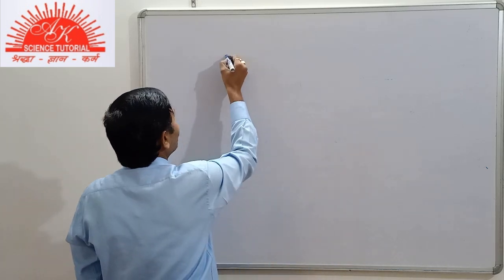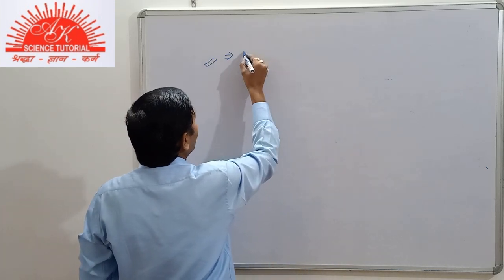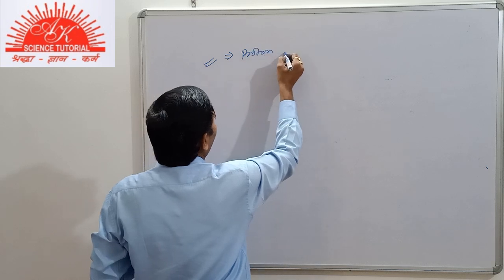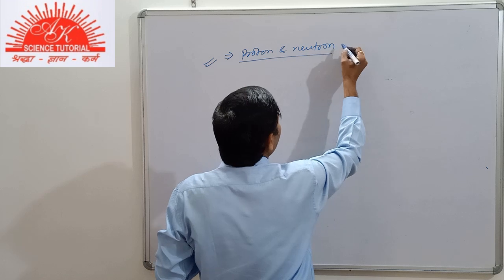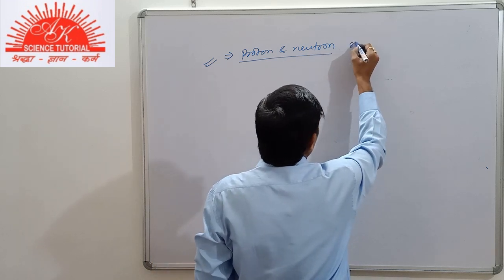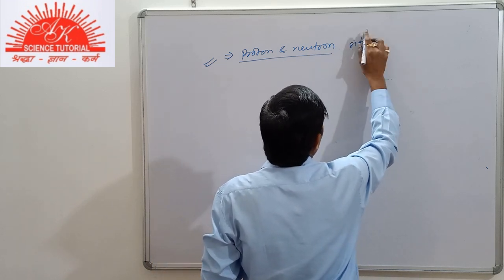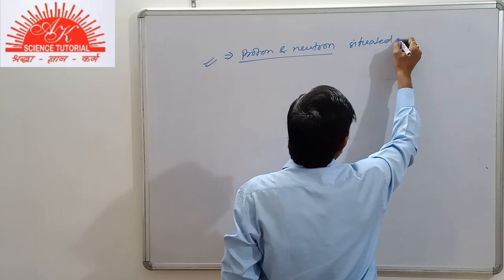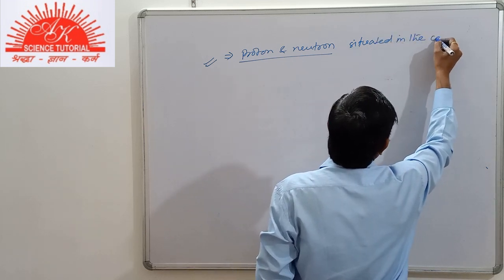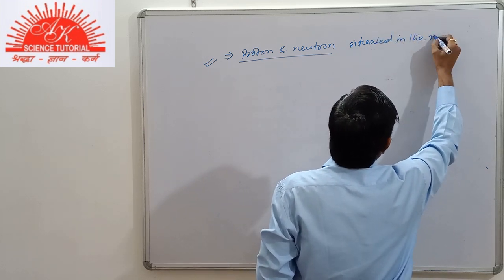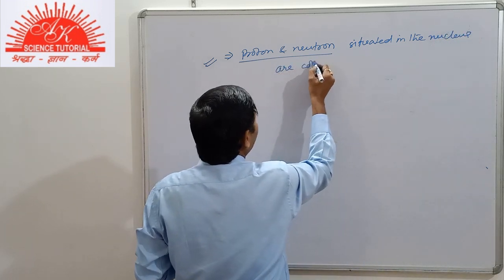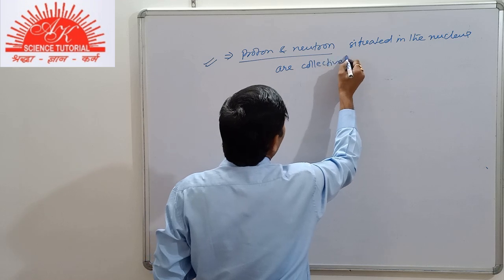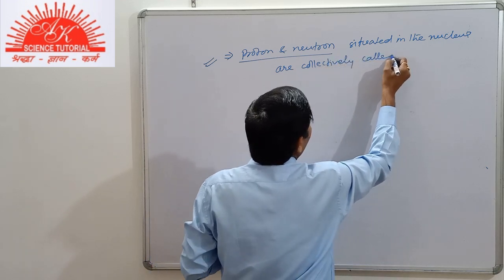Now here you see the important point, proton and neutron, situated in the nucleus, are collectively called nucleons.